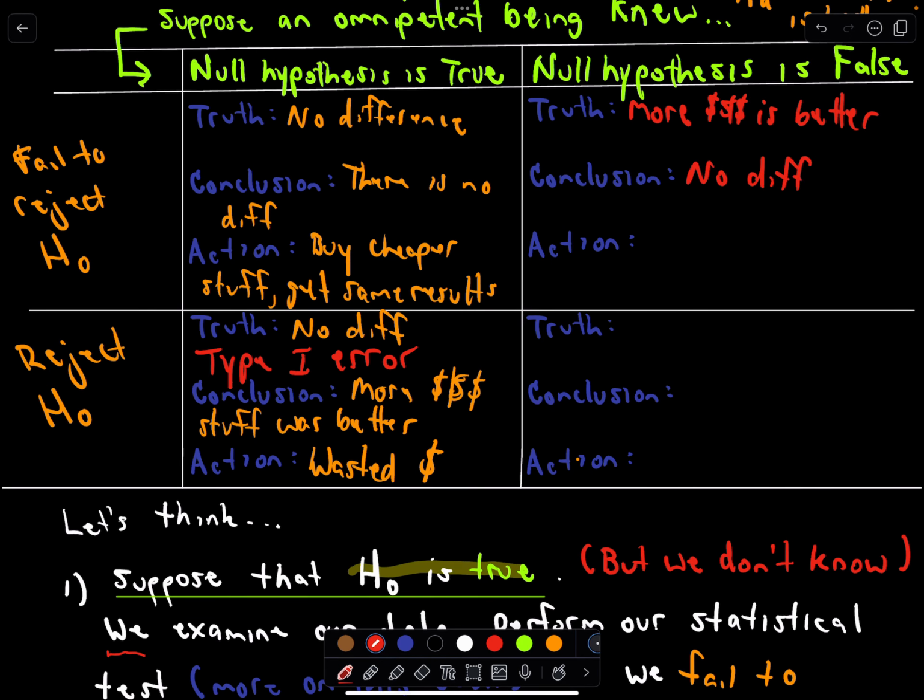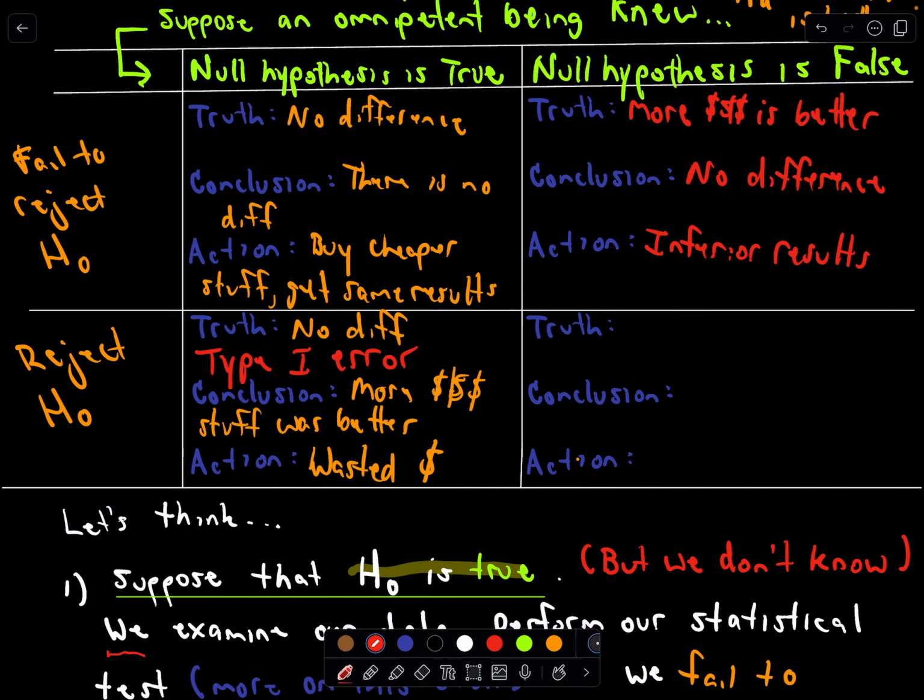You said, there's no difference between the two. Let's just keep using the cheaper stuff. So what's the action? You get inferior results in the long run. Yeah, you save a few dollars. Maybe that's good. But suppose in this situation, you're ultimately concerned about the quality of your cleaning. So the action, well, you're getting inferior results ultimately.